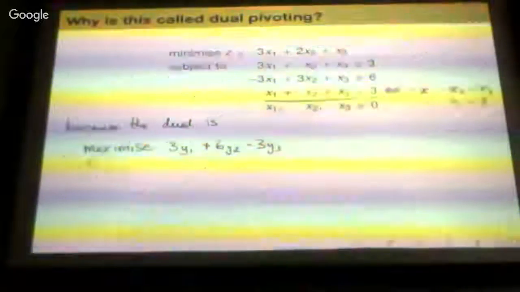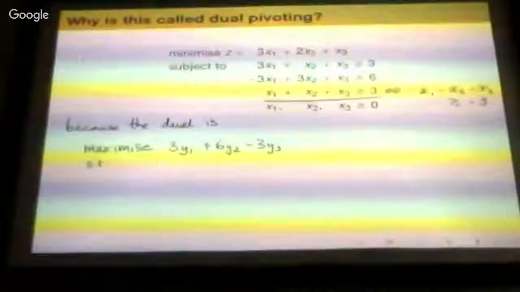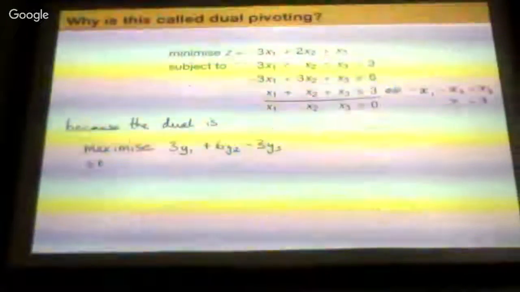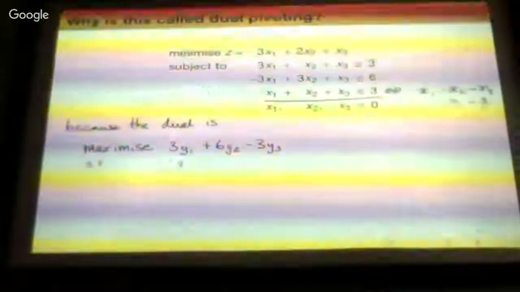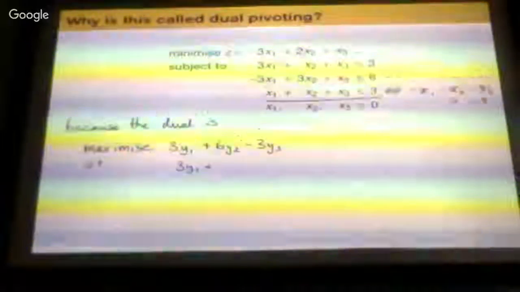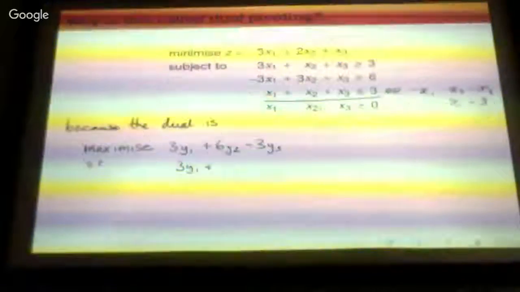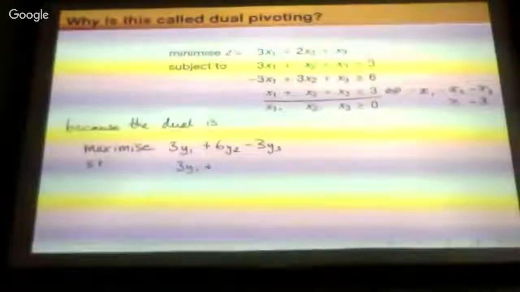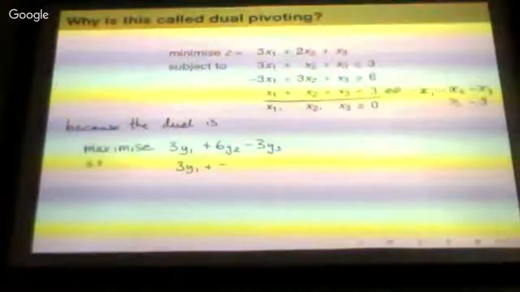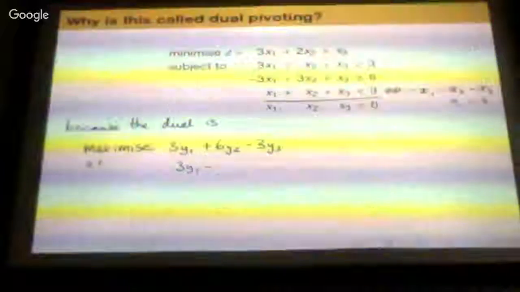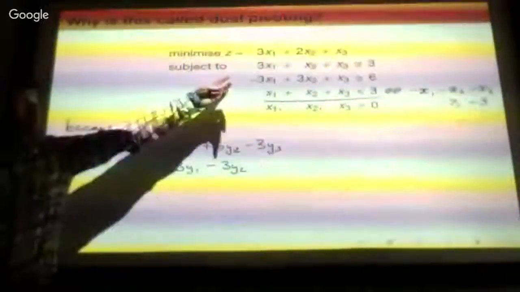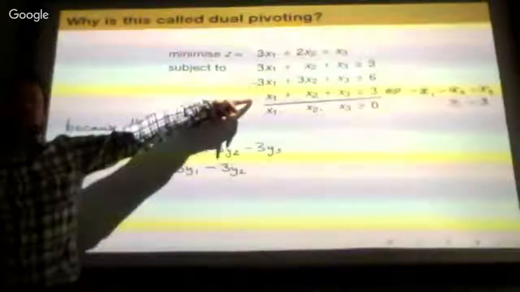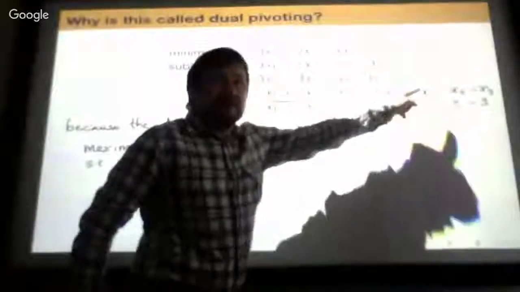And now what are the constraints? 3y1 plus 3y2, minus, in fact, minus 3y2, oh, never mind, because I'm looking at the new one.